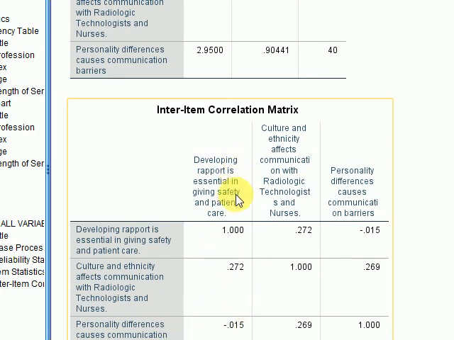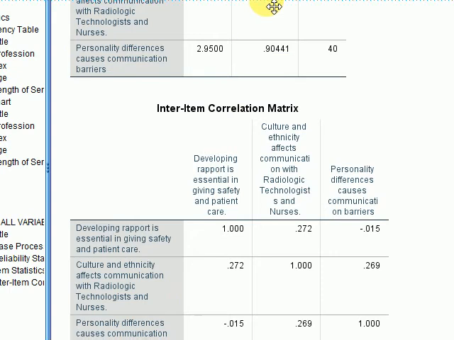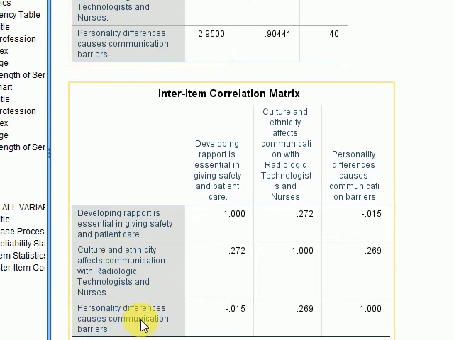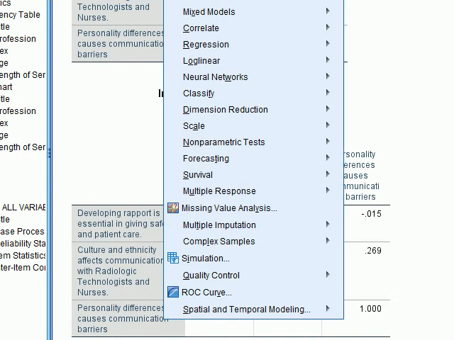So, developing rapport is essential in giving safety in patient care. And then there is personal difference causes communication barriers. These are not correlated at all. So, this is negative and that is positive. So, medyo doon ngayon ka problema, but wala tayong choice. So, we have to just focus on what's left with us.